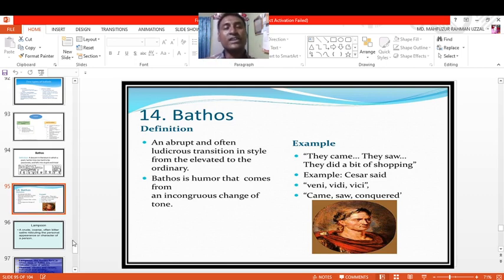Bathos is humor that comes from an incongruous change of tone. For example, they came, they saw, they did a bit of shopping. Compare: Caesar said, Veni, vidi, vici. That means came, saw, and conquered.